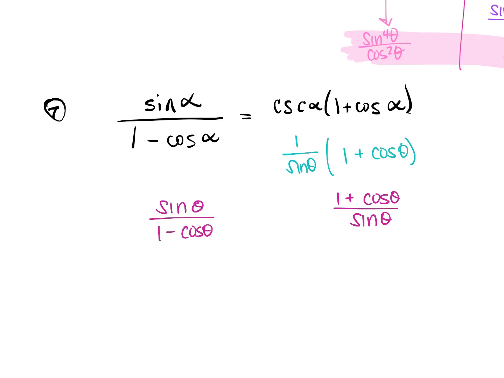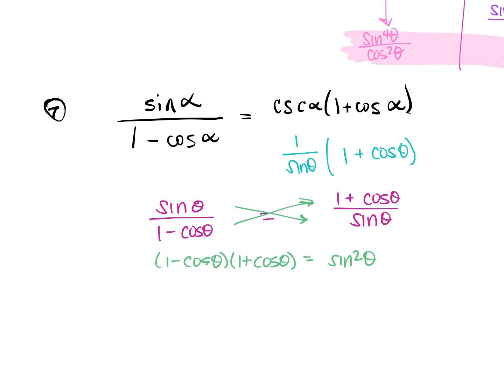No. What do we say when we have fractions like this, where one fraction is equal to another fraction? What can we use? Cross multiply. That would give you 1 minus cosine times 1 plus cosine is equal to sine squared.